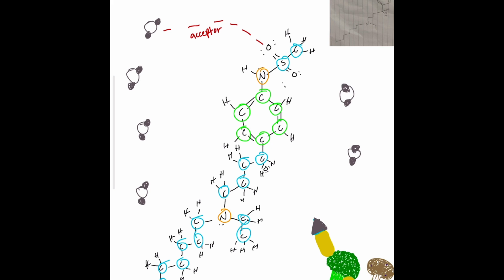Beneath that is a donor, because an outside oxygen from our water molecule is attaching to a hydrogen inside of ibutilide. Beneath that, our trigonal pyramidal, the nitrogen is an acceptor because it is attaching to a hydrogen from the water molecule.